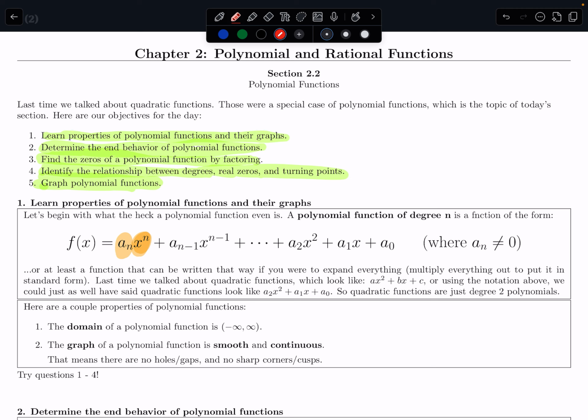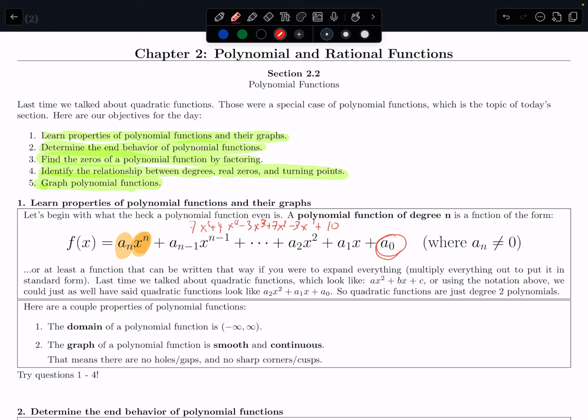So just as a simple example, let's say n is 5. You could have x to the 5th, x to the 4th, x to the 3rd, x squared, x to the first power, right? And then some coefficients for each. So maybe a sub n could be like 7. And these could be either plus or minus. I'm just picking random numbers, and then a number at the end, right?